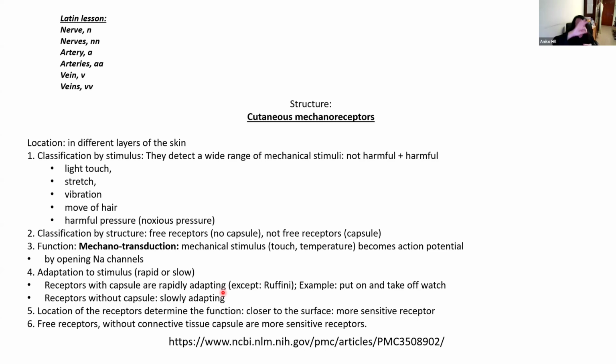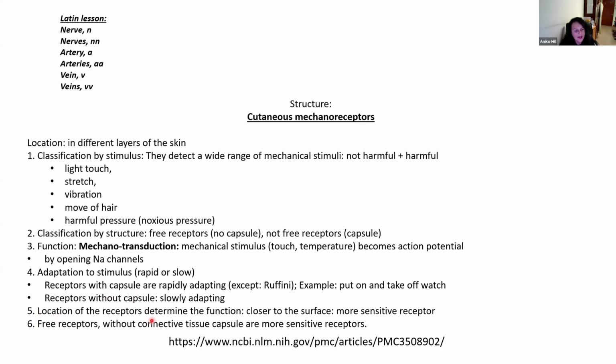The receptor is a sensory nerve within the capsule. You will see an image in a minute. And those receptors that have no capsule are slowly adapting. The capsule is not blocking the stimulus, so they can monitor the incoming stimulus for a longer period of time. Therefore, they are slowly adapting.